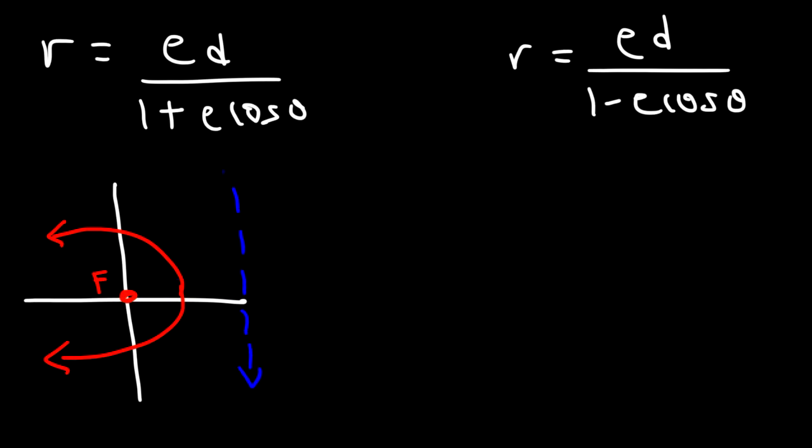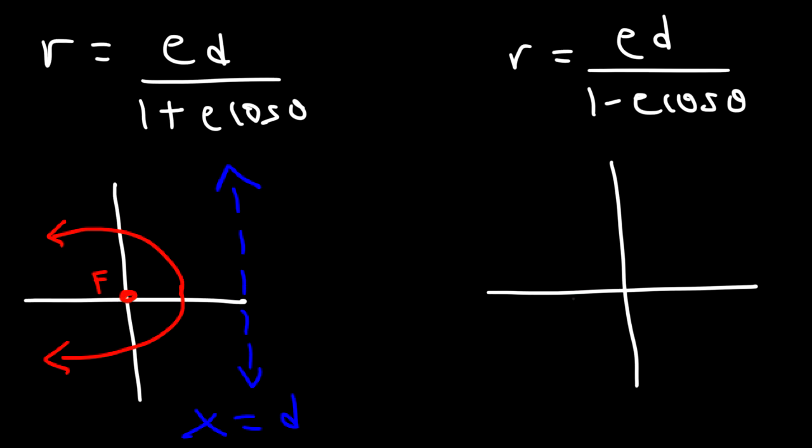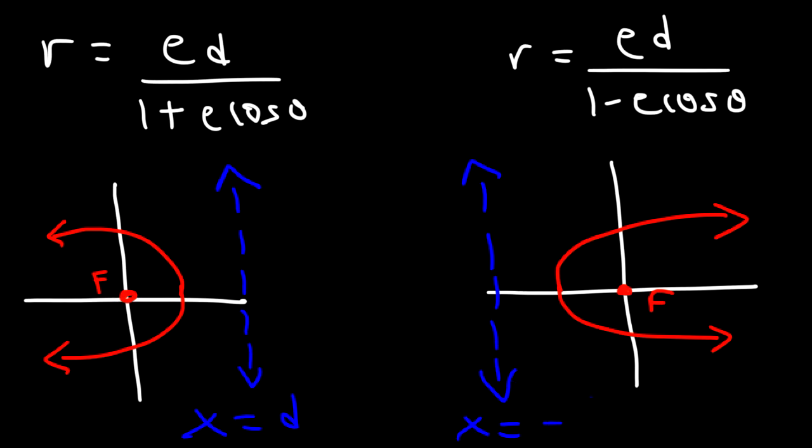So the directrix is vertical this time, and it's to the right of the pole. The equation is going to be x equals d. For this one, the conic section will open towards the right, and the directrix will be x equals negative d.